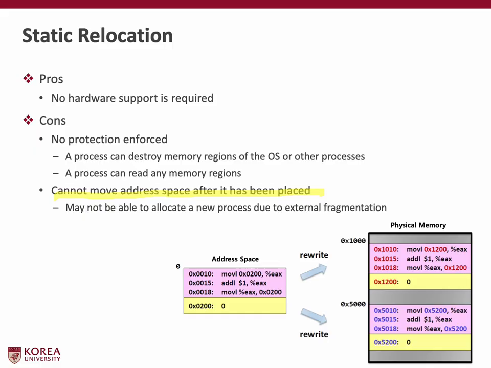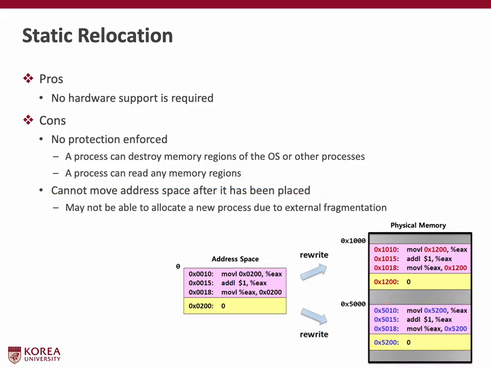For example, in this figure, let's say there are currently two processes already loaded into memory, and now we want to load one more process. But the problem is that the memory space here is too small, and this other space is also too small. So even though there is some free space, we cannot fit the new process anywhere.